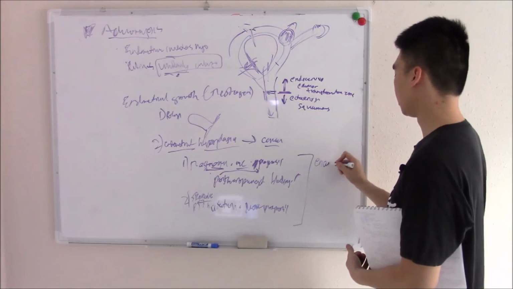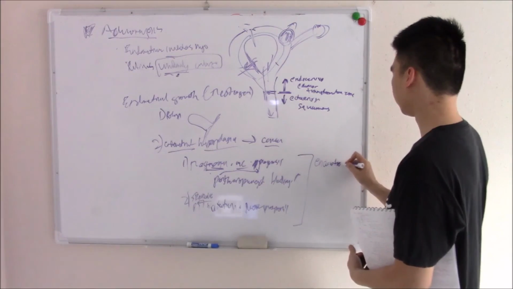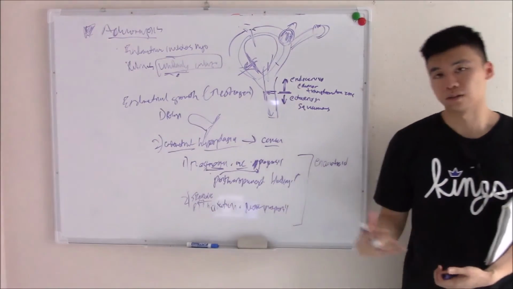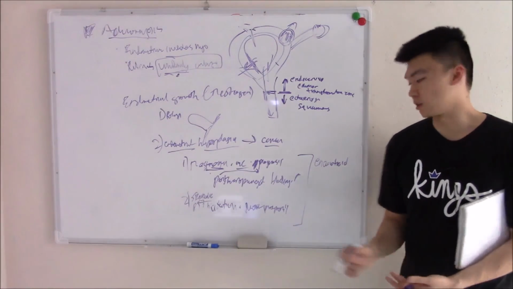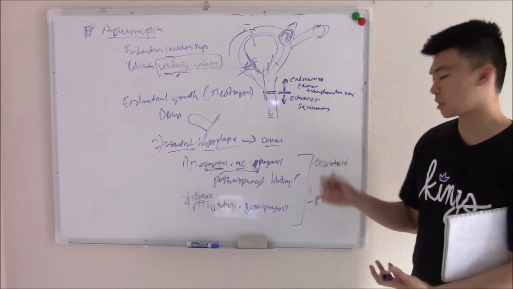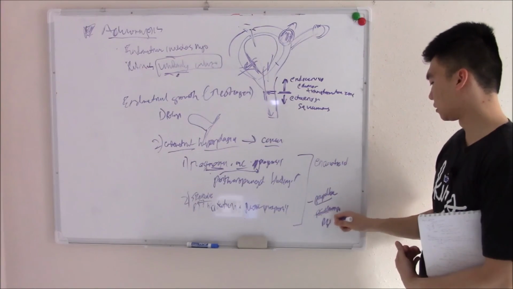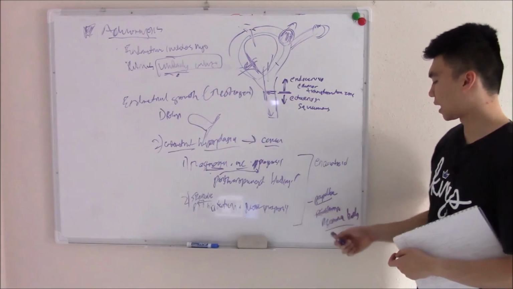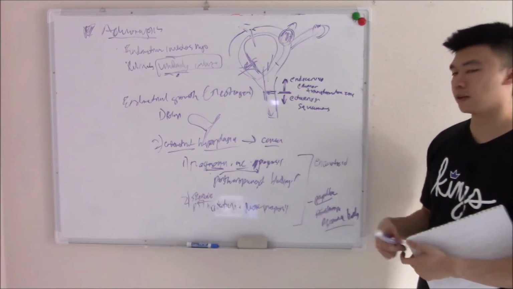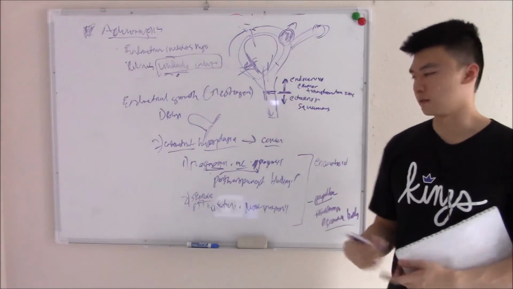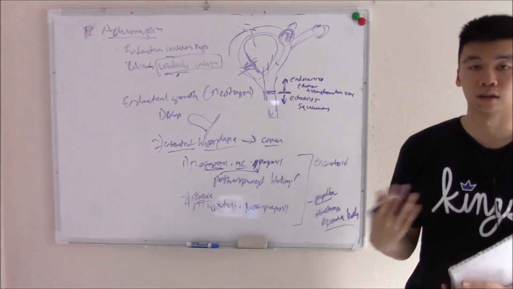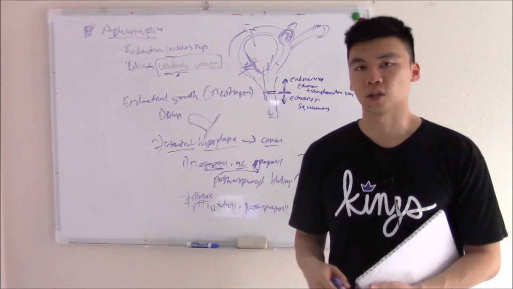So endometrioid. Sporadic, however, isn't from endometrial hyperplasia. Instead, it has projections, papillae, and more importantly, it has psammoma bodies. So sporadic has psammoma bodies. Endometrial hyperplasia pathway has endometrioid looking cancer. Okay?